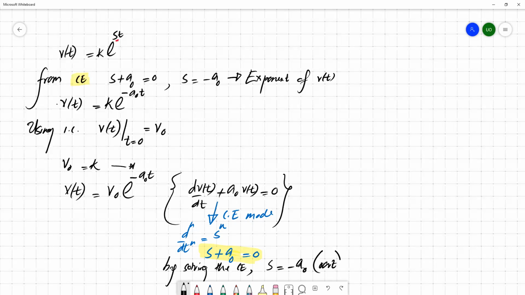If it is a first order equation, you basically have a single root. So the root here is minus a naught. The root actually comes as the exponent of the solution. So this is basically the root or roots of the characteristic equation.